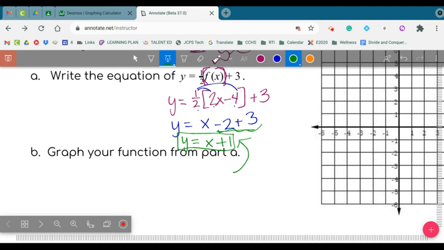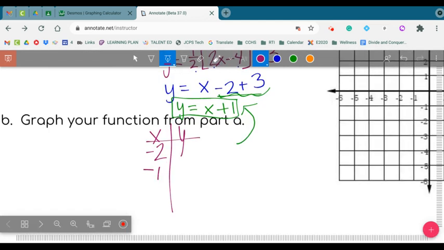So if you need to create your table, create your table. You can plug it into your calculator. So your table should look something like this. If I can write, that should be -1.